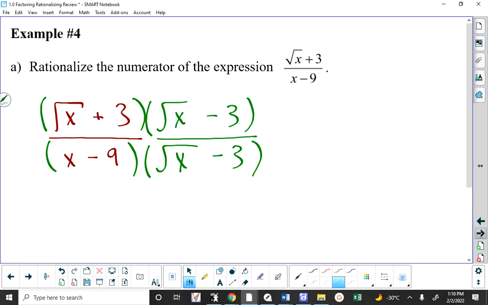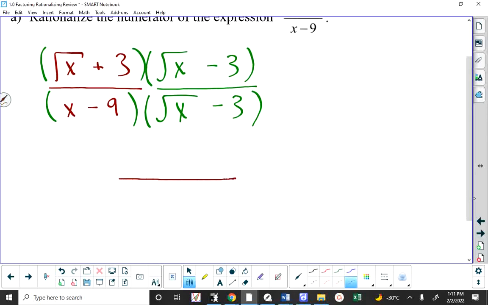You're going to get a lot more experience with all these little details that I'm sprinkling on the lesson. But one of the things you need to understand is that you're not going to multiply out the part that you're not rationalizing. The x minus 9 times root x minus 3 is going to be left as those two factors.